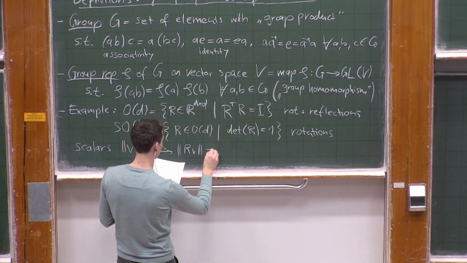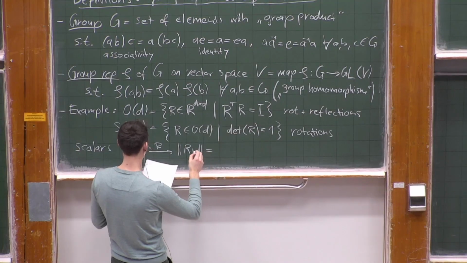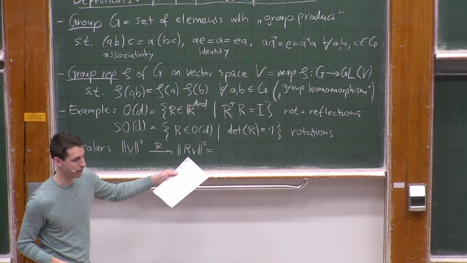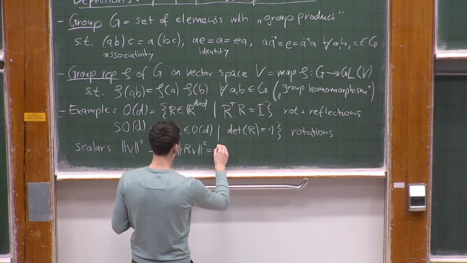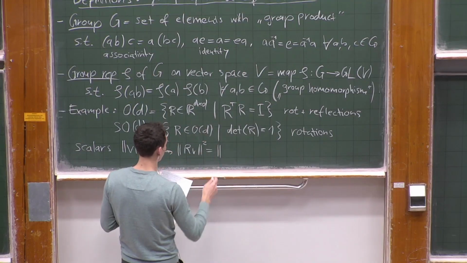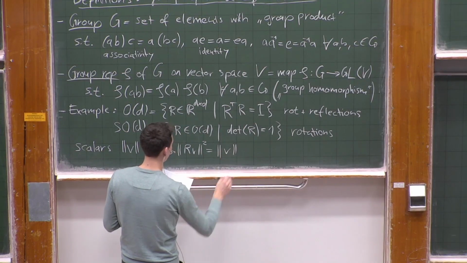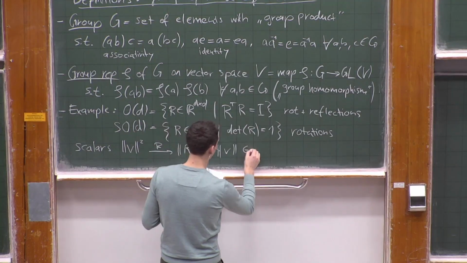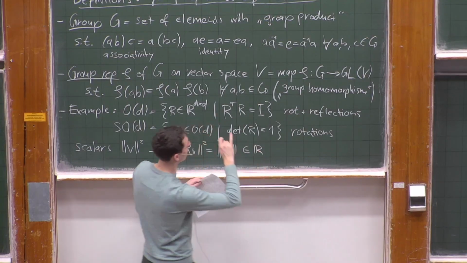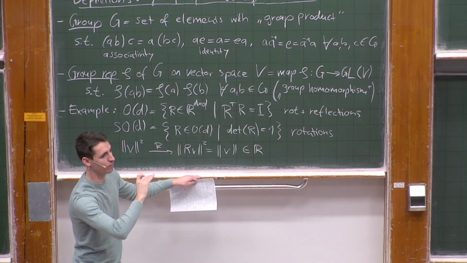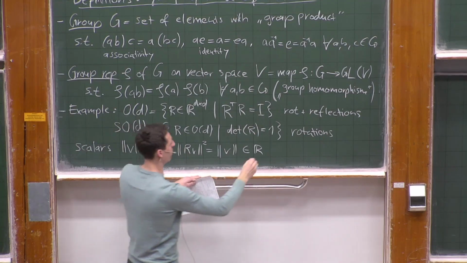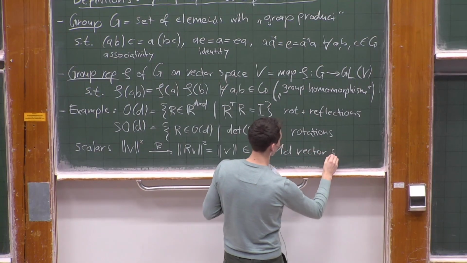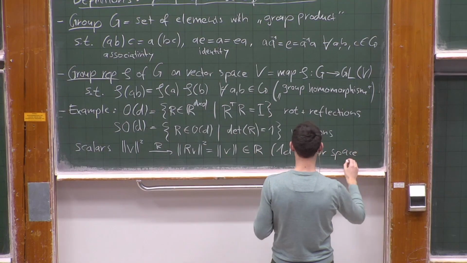But because norms are preserved, distances and lengths are preserved under rotations, and in general under orthogonal transformations, we get out the same result again, and this is just a single number. So the vector space on which this representation acts is a one-dimensional vector space.